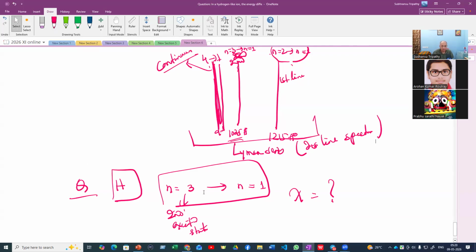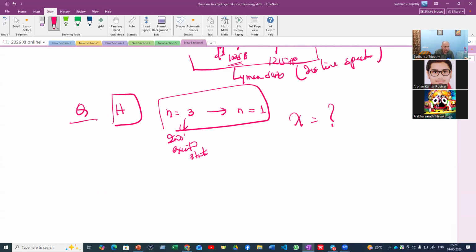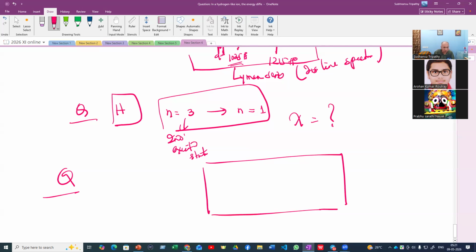Now I will give you another question to solve here. Now, the Balmer series will be in the visible region. I told you Balmer was the first person to record the discontinuous hydrogen spectrum in the visible region. One line in the orange region, the first line, the second one in the blue region, the third one in the violet region, and then in the same violet region there will be a continuum.